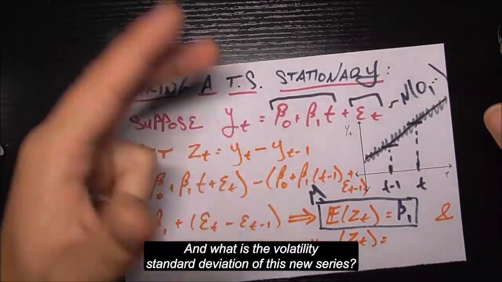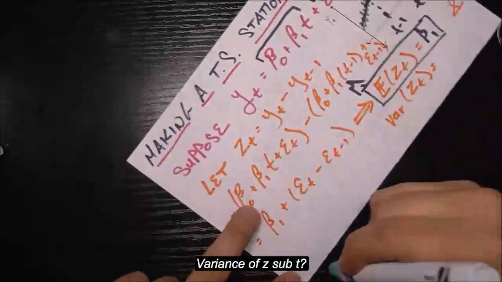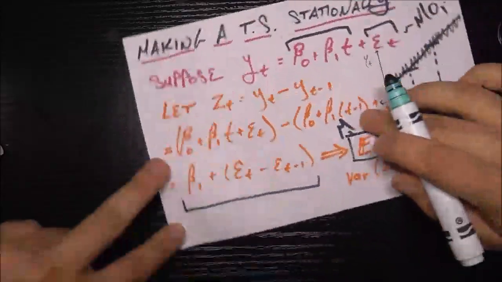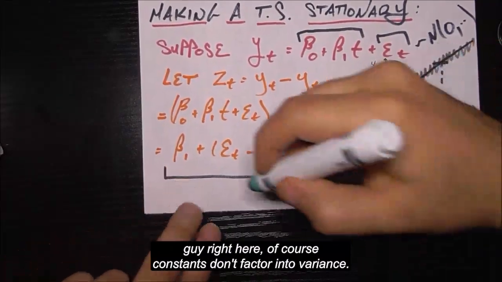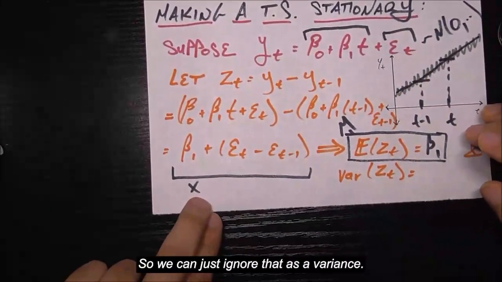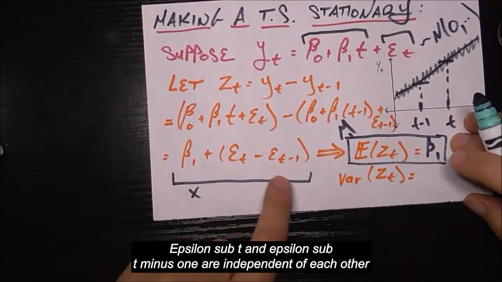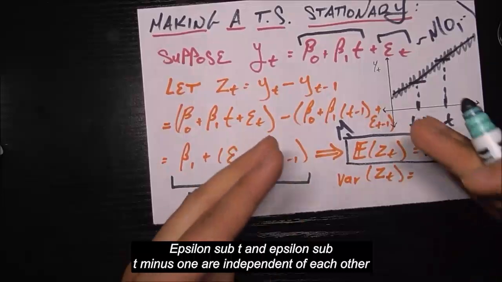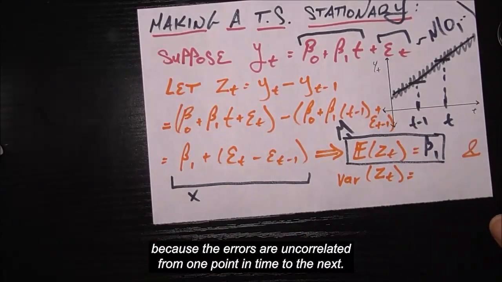And what is the volatility, standard deviation, of this new series? Variance of z sub t. If I were to take the variance of this, of course constants don't factor into variance, so we can just ignore that. And these two are independent variables. Epsilon sub t and epsilon sub t minus 1 are independent of each other because the errors are uncorrelated from one point in time to the next.